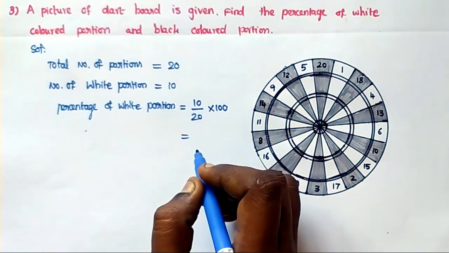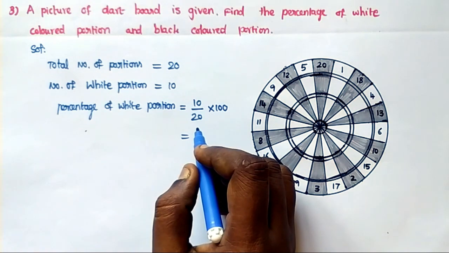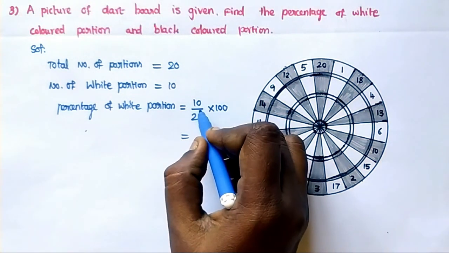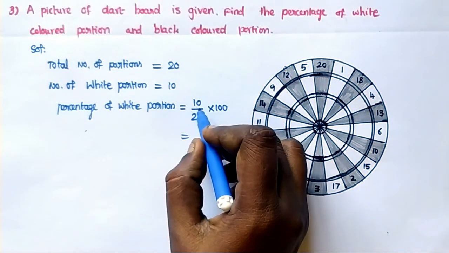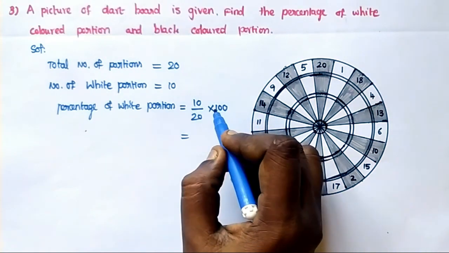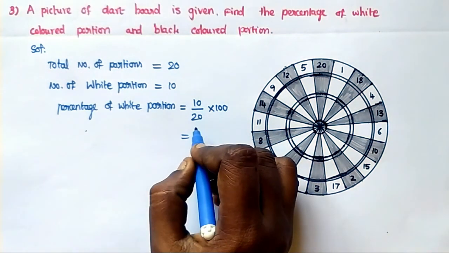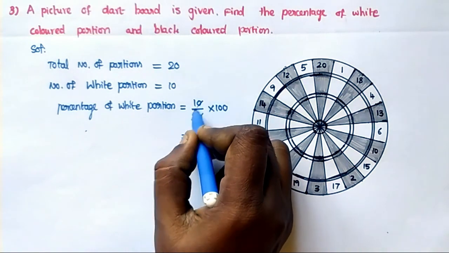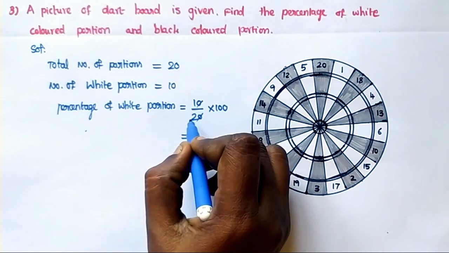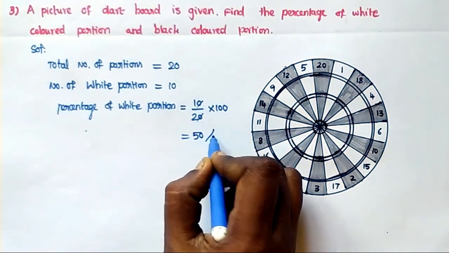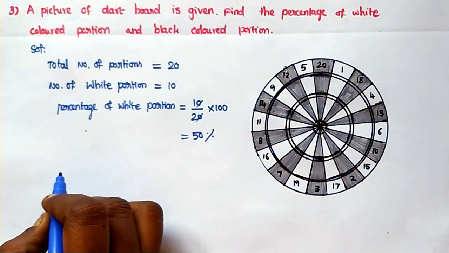We have to find out the percentage. How? Fraction into 100. Fraction is 10 divided by 20 into 100. Now cancel these two zeros. 100 divided by 2, 50. 50 percentage.